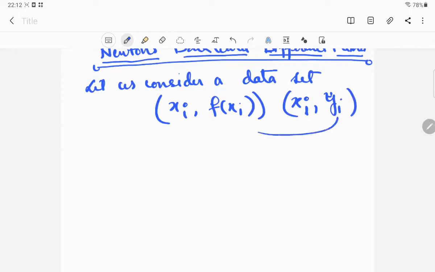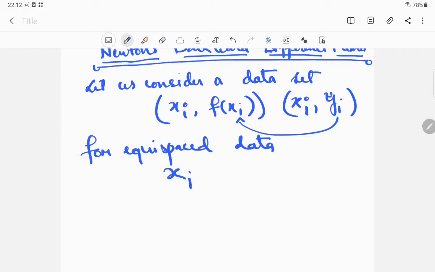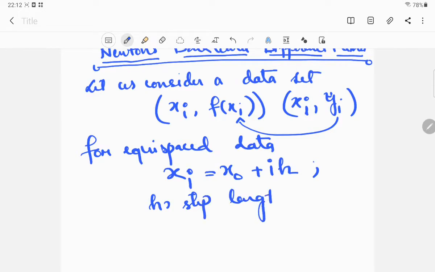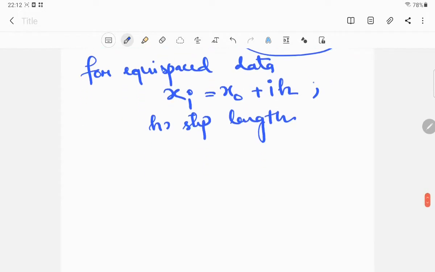So yi is nothing but the function at xi, and it is again for equi-spaced data. So what is the form of the data? xi goes like x0 plus ih, where h is the step length, as we have discussed already.